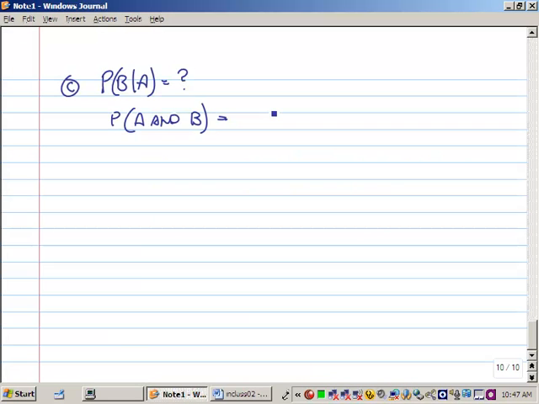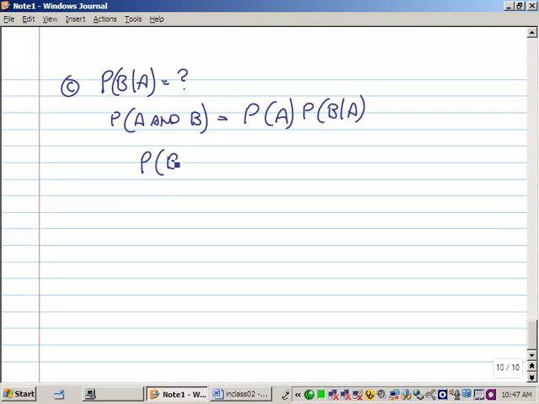It's B given A. All right. It's going to be probability of A times probability of B given A. And some of you will be noticing that this is exactly what we've been given before in the problem. So we know what the answer is. It's 1/3. But let's be a little dense here and work it out from the table.